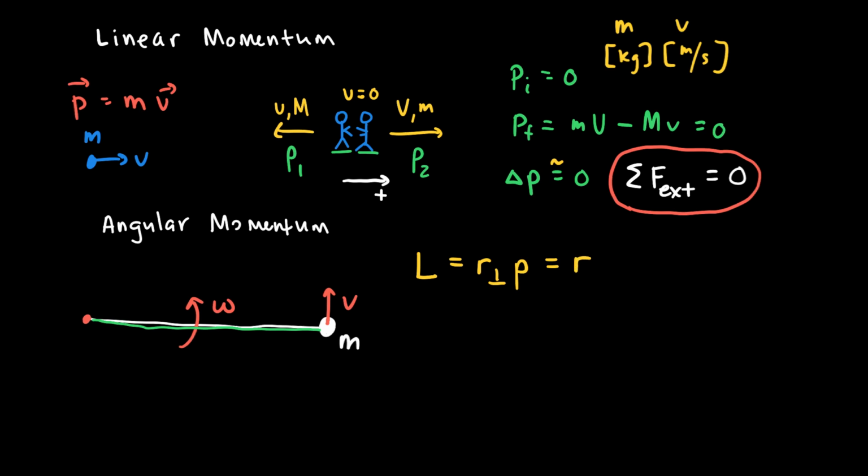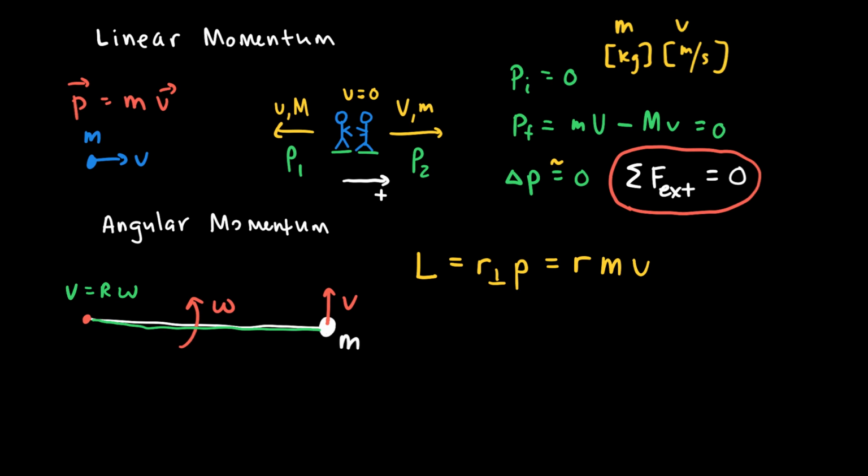And we know that from above, linear momentum is equal to m times v. We also know that the linear velocity v of the point mass at the end of the rod is equal to r times omega, right? v equals r omega, where if r increases, v increases.